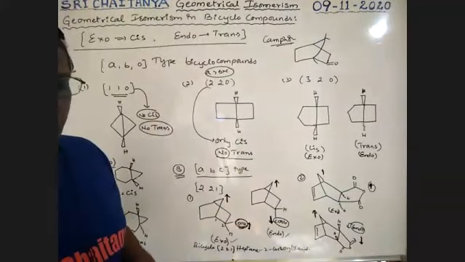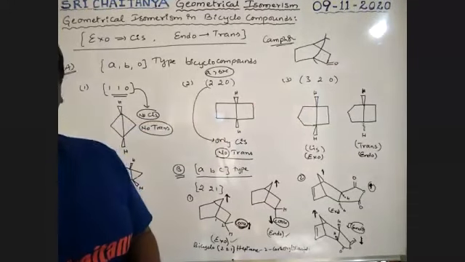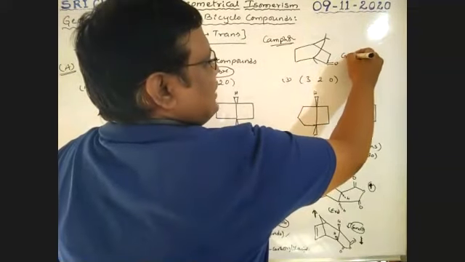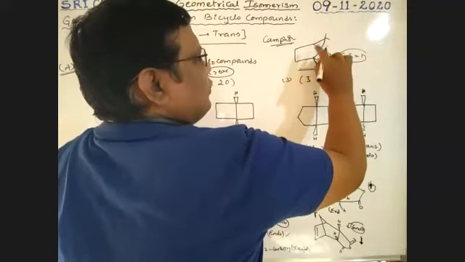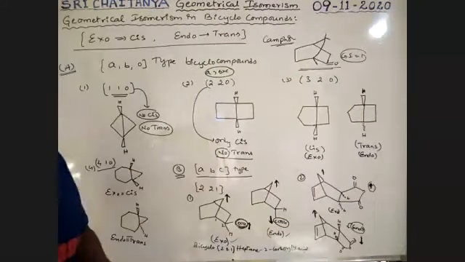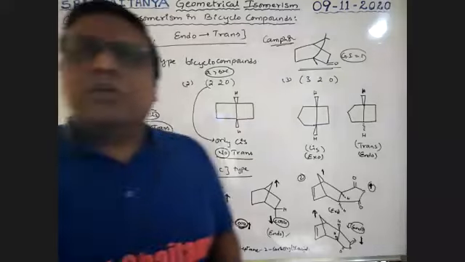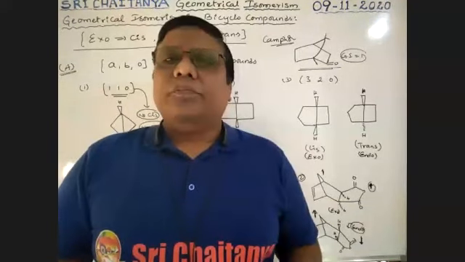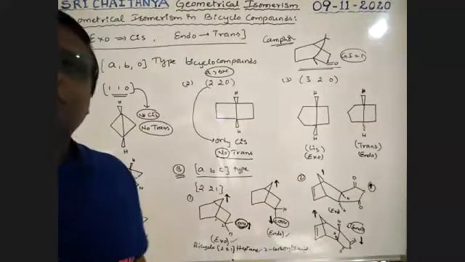So the number of geometrical isomers in this case, only this structure exists. So the number of geometrical isomers for camphor is equal to 1. Only this structure exists. That is about camphor, very, very important. So this is about geometrical isomerism in the case of bicyclo compounds.